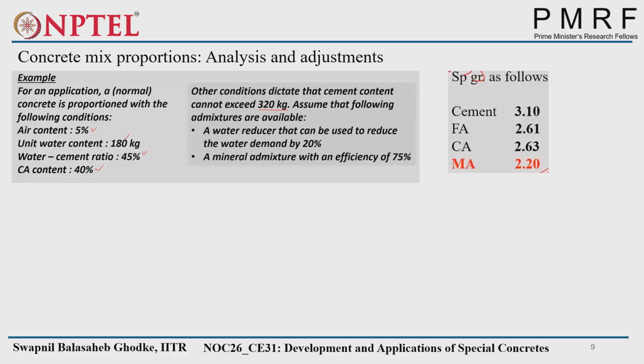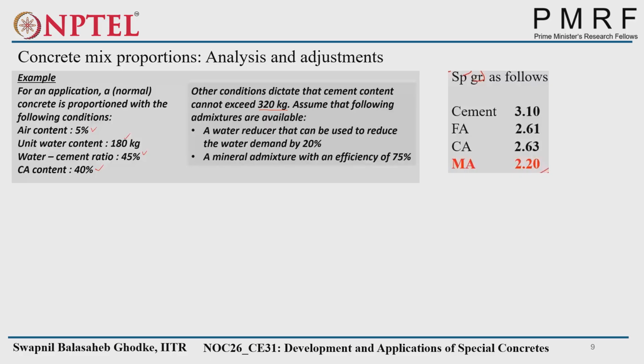So 144 liter, or 144 kg, will be there. Then make calculations according to that. Now you can calculate the cement content. Water cement ratio you have 0.45. So how much will the cement content now be? According to that, 320, right?